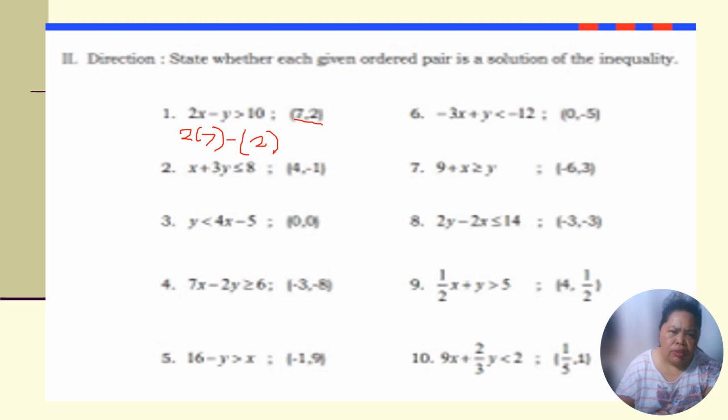It is greater than 10. So we have 2 times 7 is 14 minus 2, so 12 is greater than 10. Therefore we can say that 7 and 2 are the solution of the inequality 2x minus y greater than 10. All right, so you do all the rest.